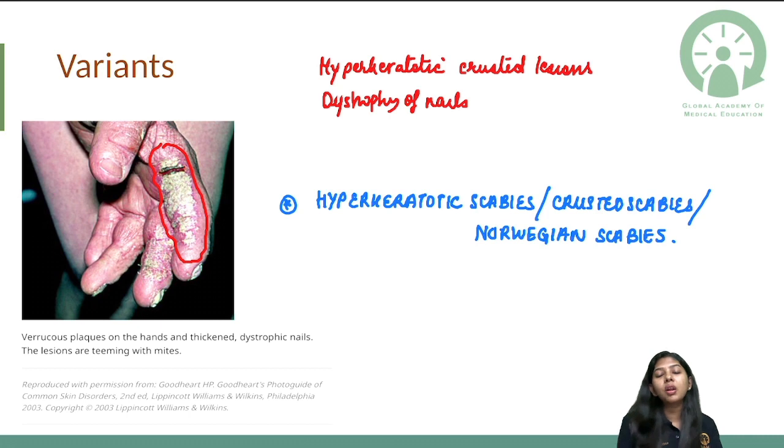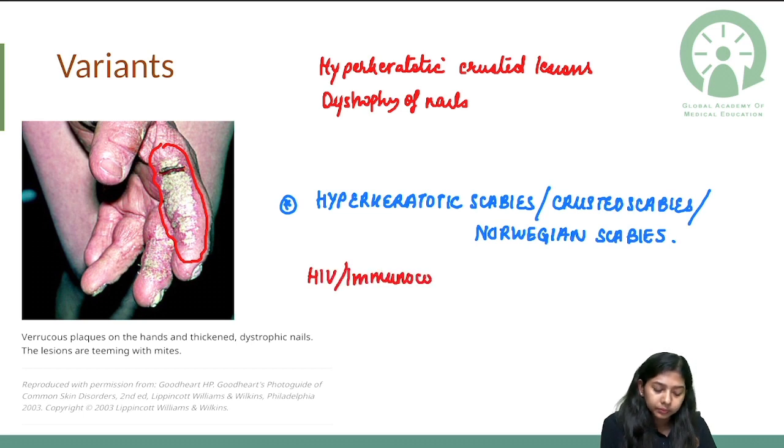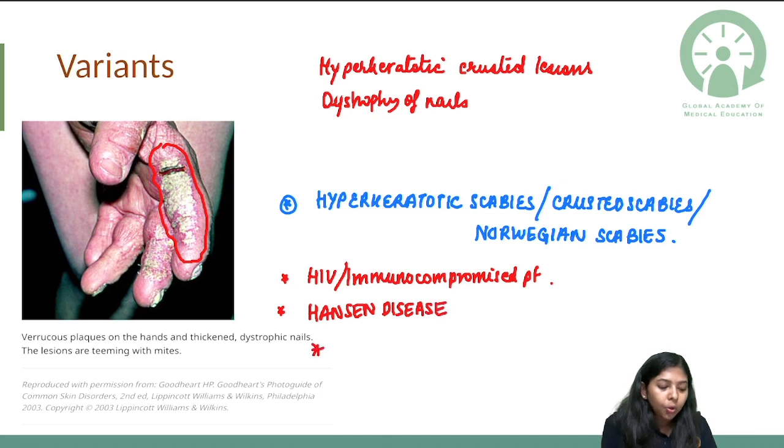Now everybody does not have such severe form of scabies. Which is the susceptible population? See, HIV patients or immunocompromised patients, patients of Hansen's disease, or patients who are mentally retarded or have conditions like Down syndrome.